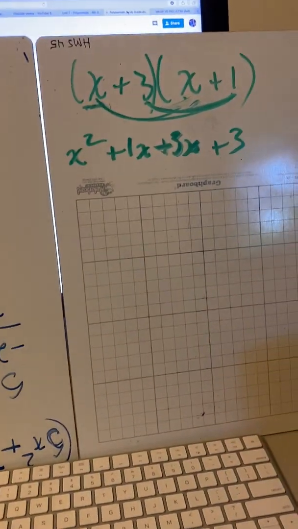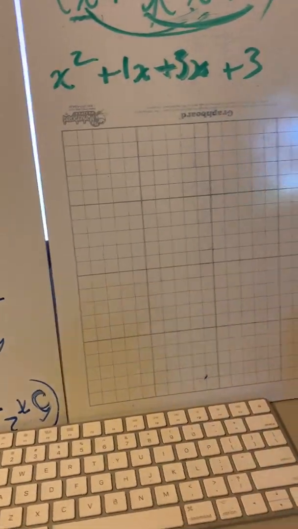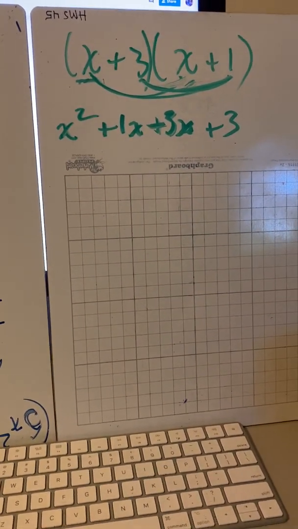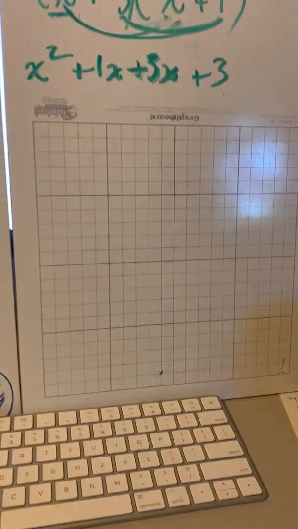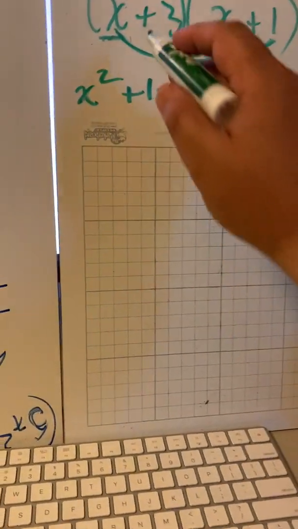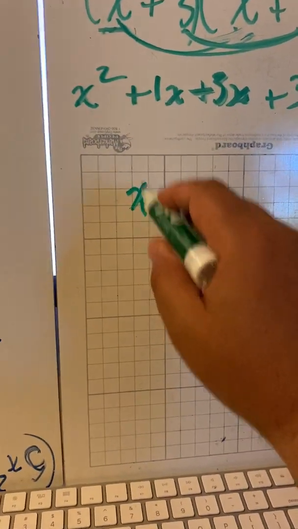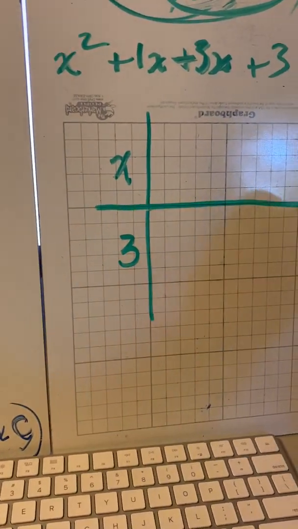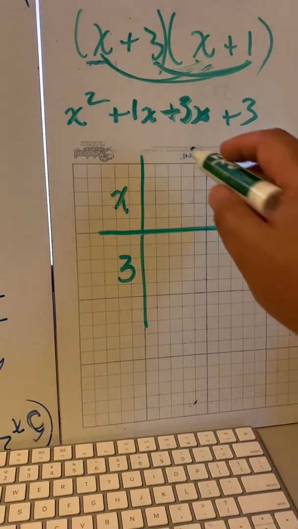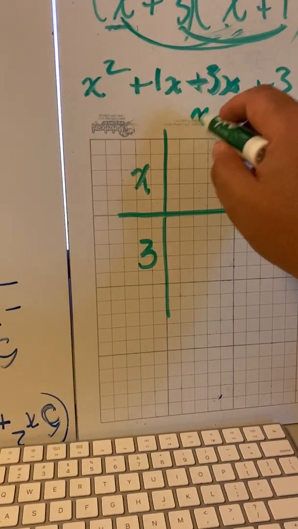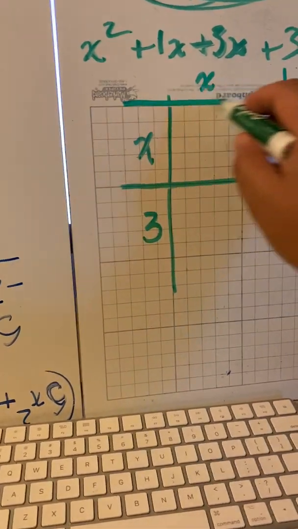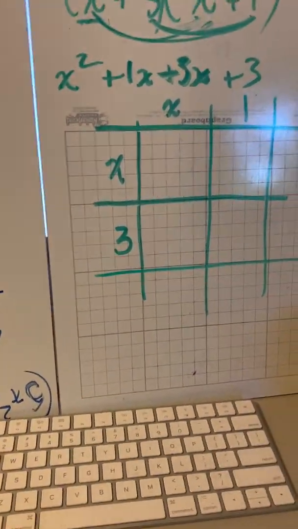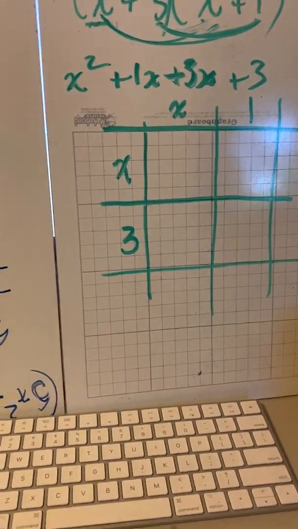Okay? Now, let's show you Ms. Tenaskew's method, which is very similar to anybody that's used the lattice method for multiplication. You're going to write the first binomial, x, and a positive 3 here. You're going to write the next binomial, x, and a positive 1 there. Just like the lattice method.